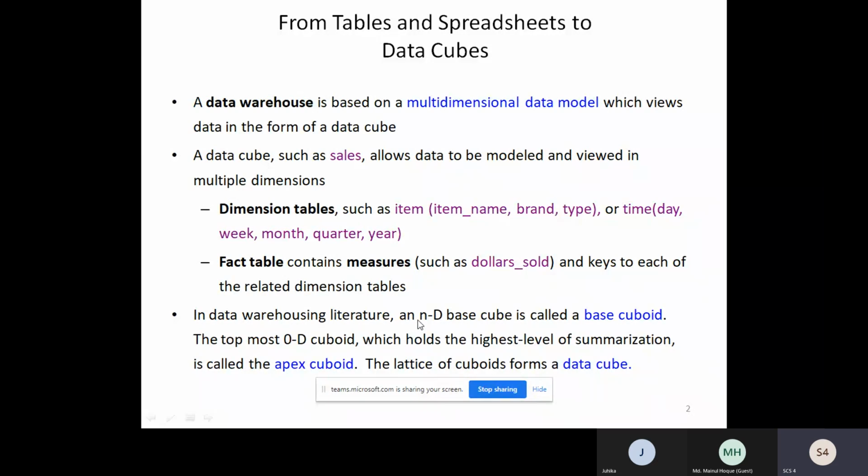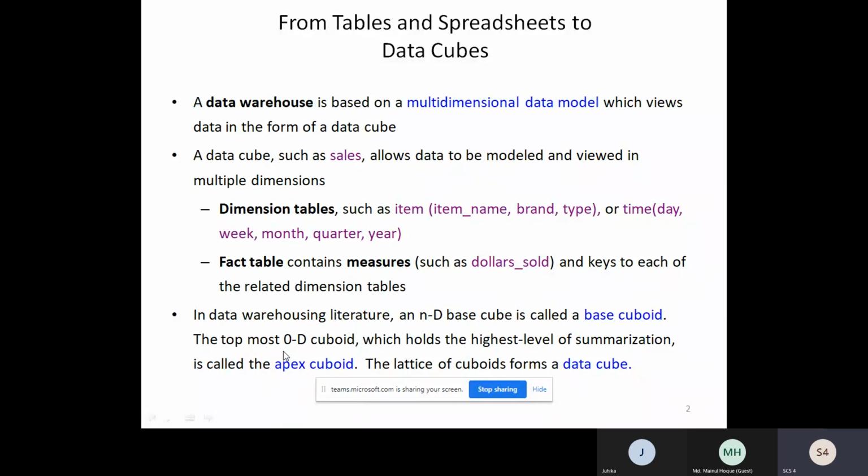So in a data warehouse, we have an n-dimensional base cube, and that base cube is known as the base cuboid. Two terms are very important to remember. The topmost 0-D, meaning zero-dimensional cuboid, which holds the highest level of summarization, is known as the apex cuboid, and the lattice of cuboids forms the data cube. So what is the apex cuboid?